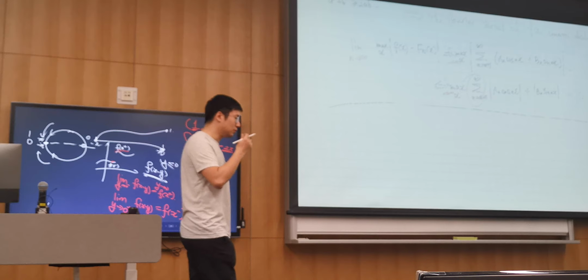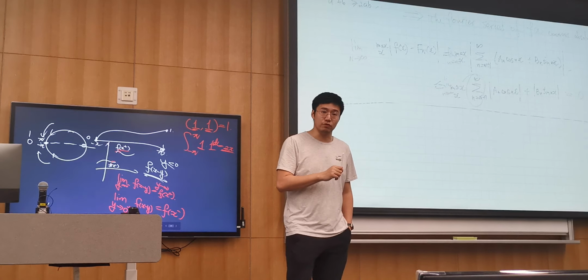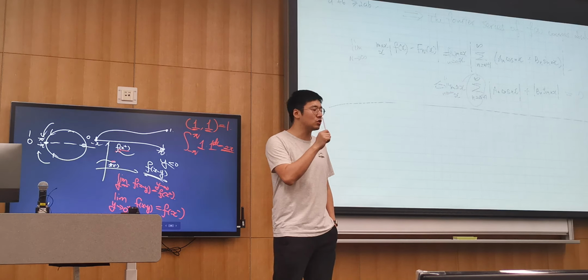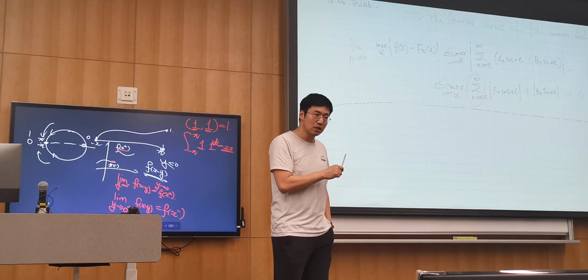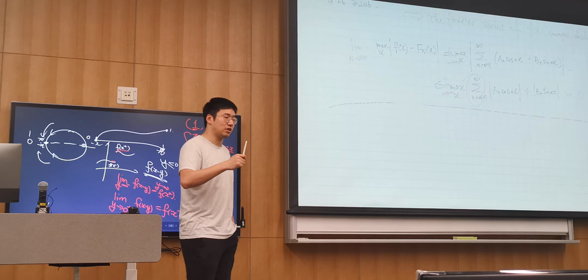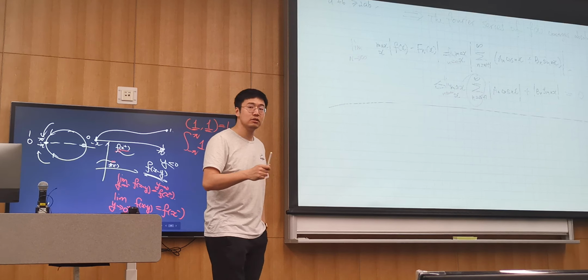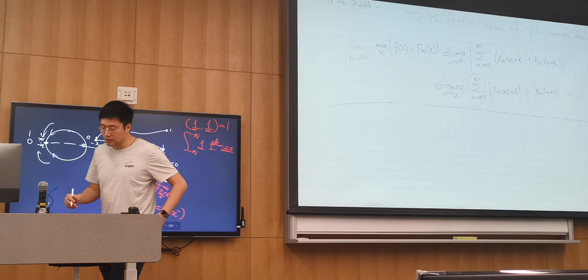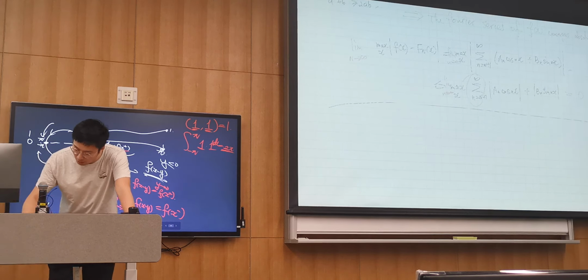And second, the Fourier series will be very helpful, especially when we are looking into very complicated boundary conditions, such that it's not easy for us to obtain an analytical formula for the solution.